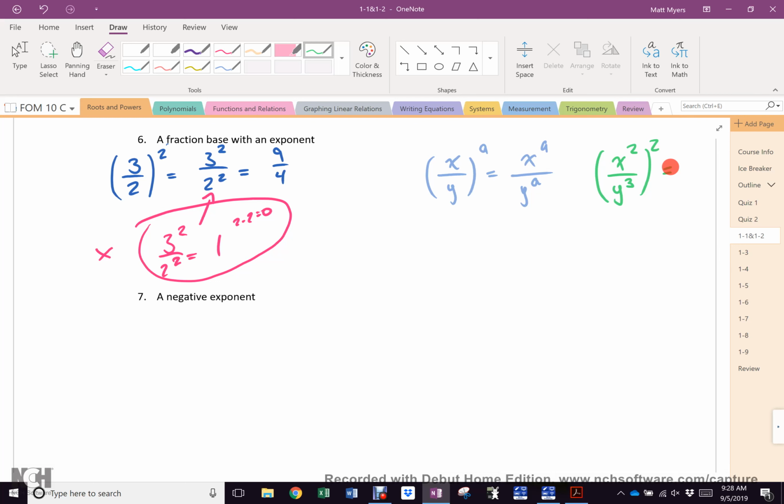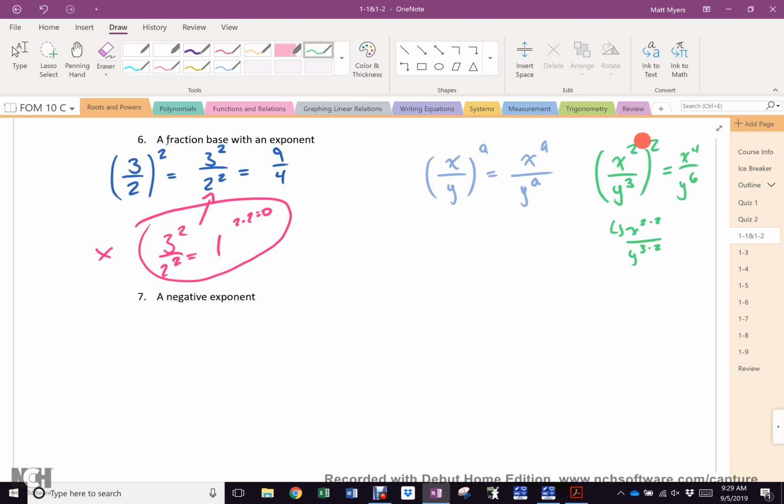Let everybody have a thought about it first, because we're starting to get into grade 10 stuff, right? What would this answer be? Pardeep. x to the 4th, y to the 6th. Absolutely right. Why? Because that is x squared times 2 over y cubed times 2. Because remember, according to exponent law 3, I have to multiply. Is everybody good to there?